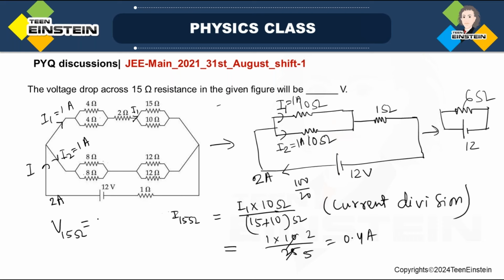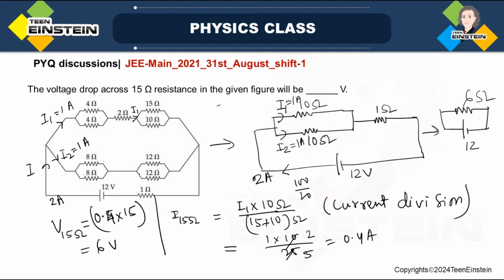So what is the current flowing through this 15 ohm? That is 0.4 ampere into the resistance, that is 15. So this will be actually 6 volt.